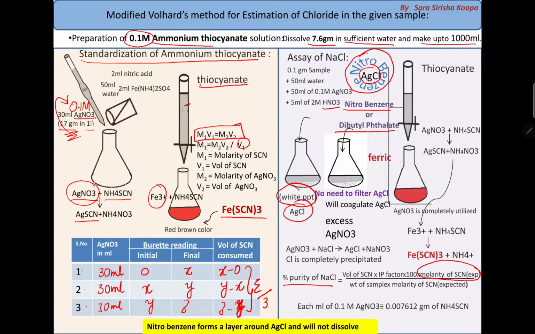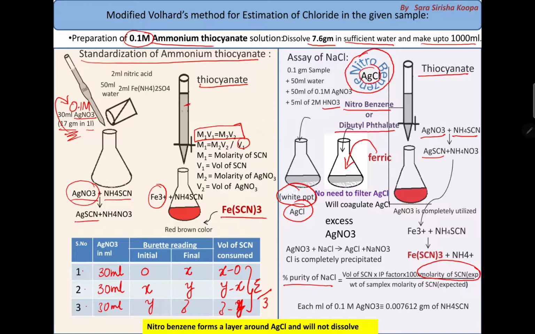Then you have to add ferric to the conical flask and titrate with thiocyanate. Whatever excess silver nitrate is present will react with ammonium thiocyanate and result in silver thiocyanate.